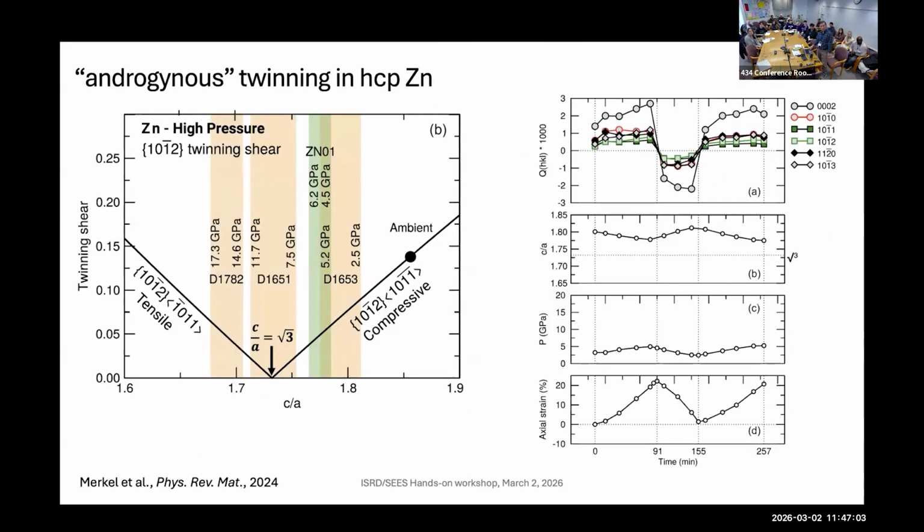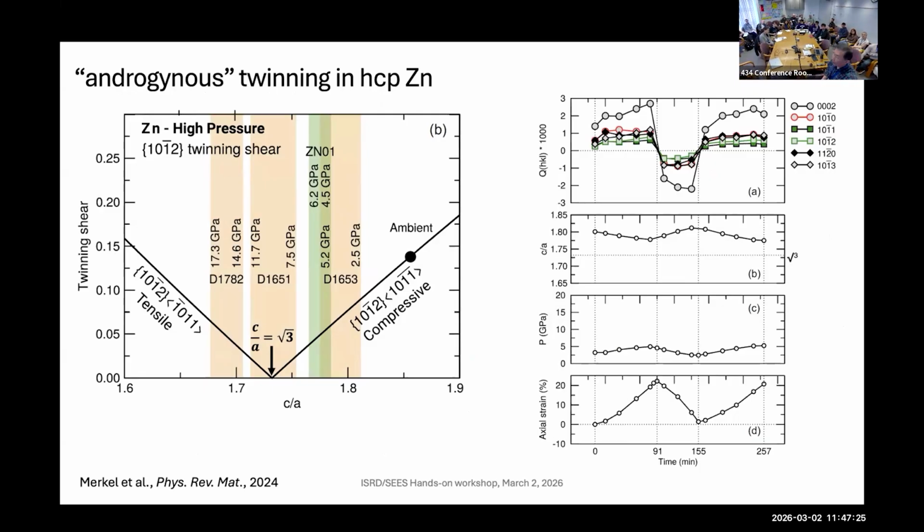And I'll skip some of these. This is another interesting example of this kind of material. Again, it's HCP; the metal is zinc. It has a twinning behavior, what they call the androgynous behavior. That is, on one side the twin is positive, on the other side the twin is negative, with the same twinning.